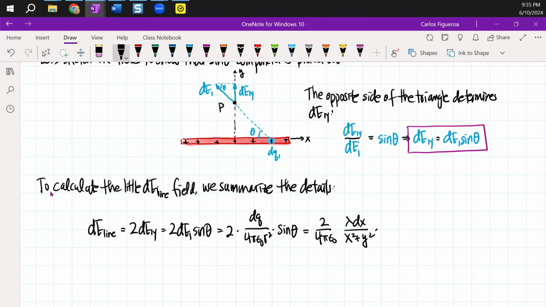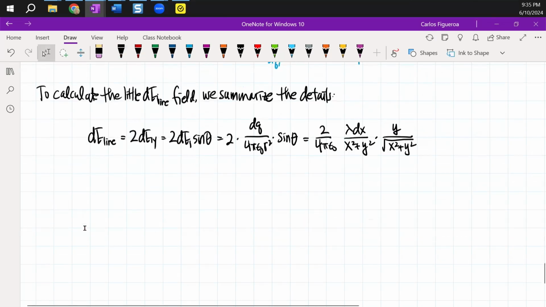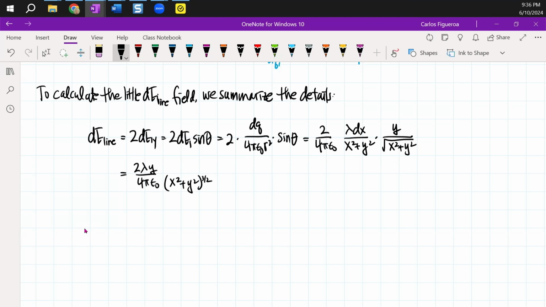So now I deal with the sign, the directional, and that's x squared, y squared, square root into y. If I clean up the algebra, this is what I have. I have that this will be 2 lambda y divided by 4 pi epsilon naught. And then I get this integral to the 3 halves dx dE for the finite line.